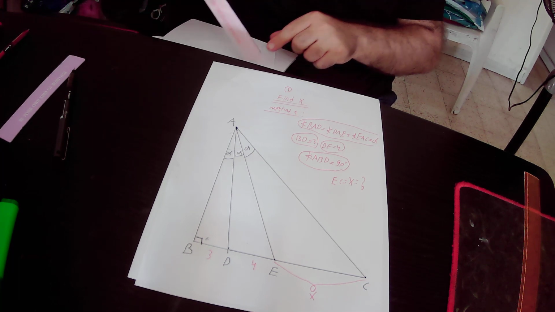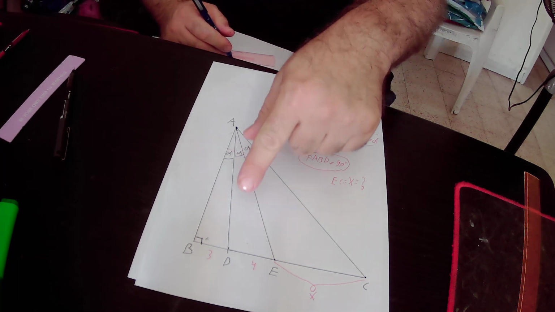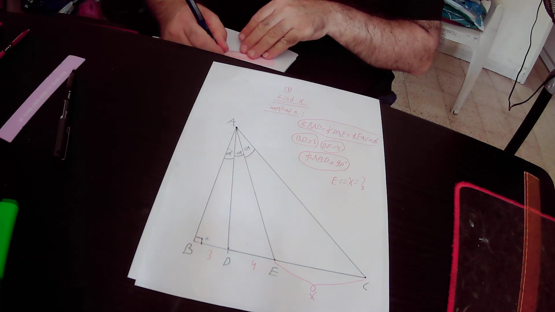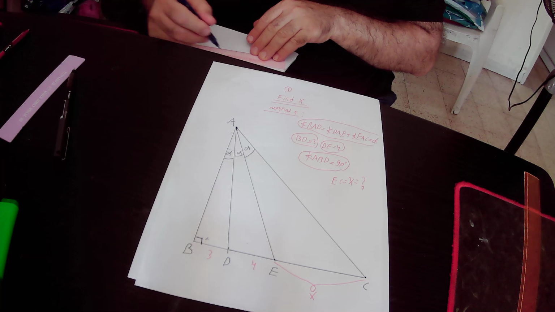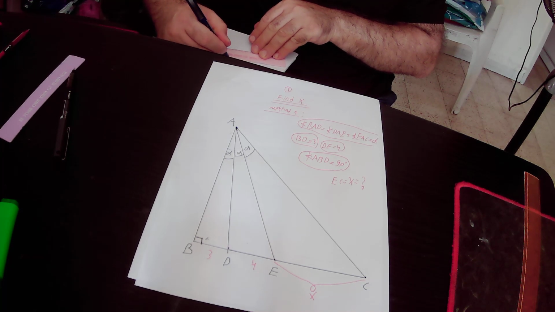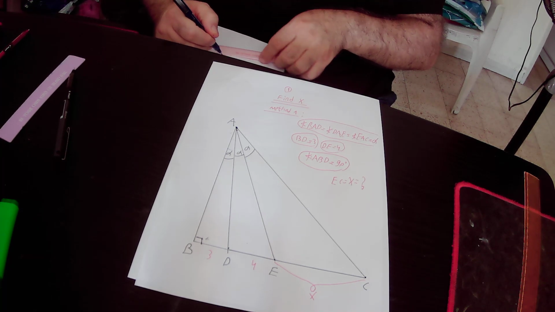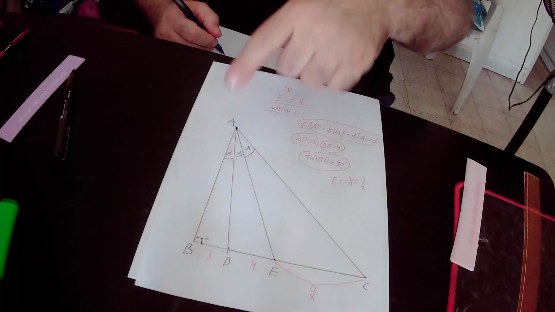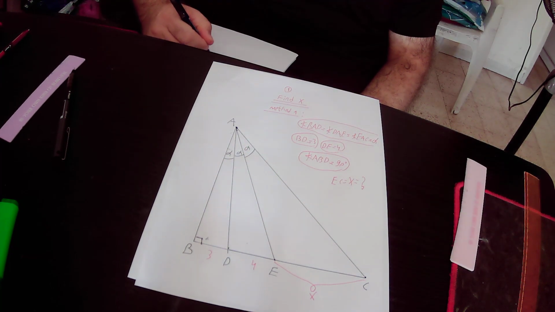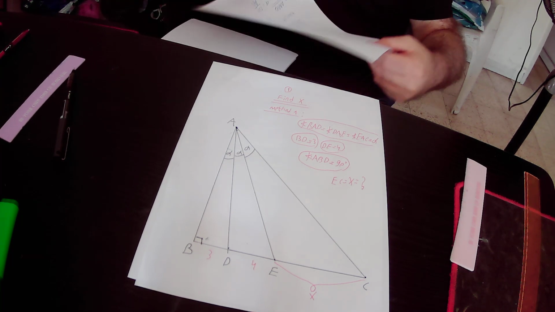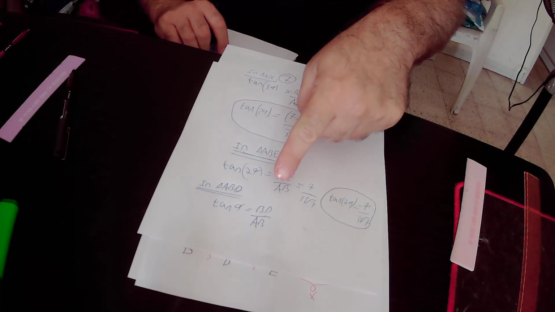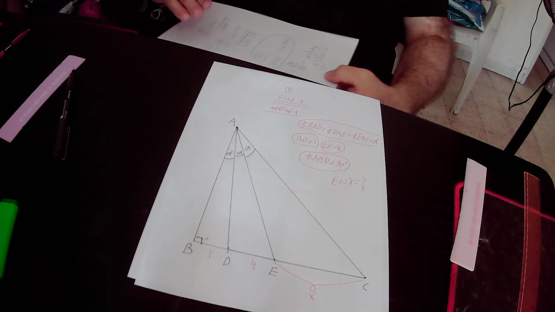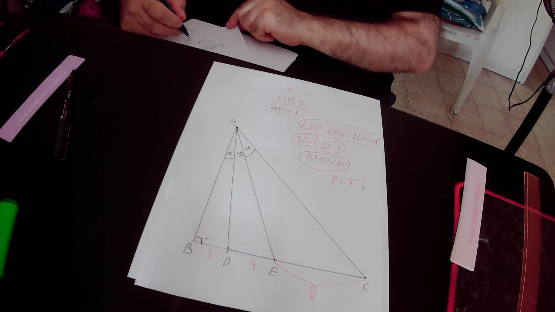In triangle ABD, we know that tangent alpha equals to BD over AB. What is the value of BD?